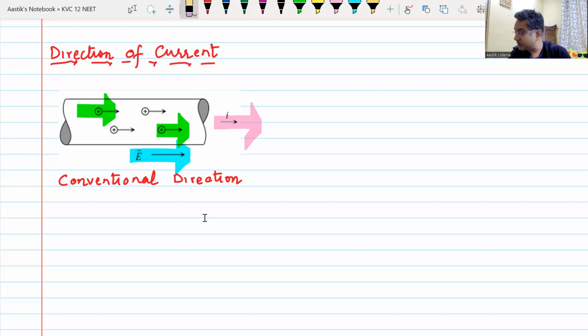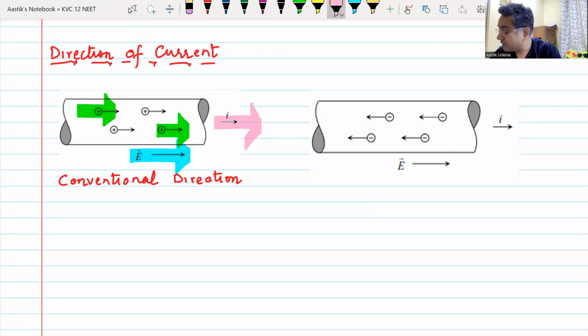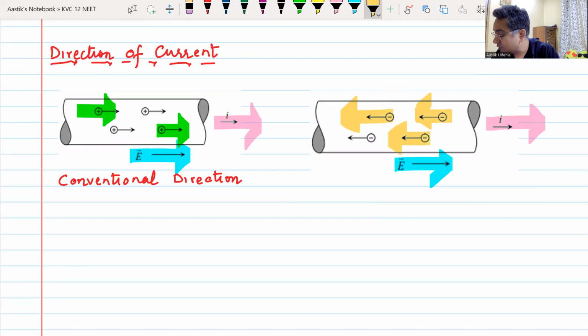The direction of flow of positive charges is always opposite to the direction of flow of negative charges. So you can see here, if the direction of current is like this, the direction of electric field is like this, but you can see here, my dear friend, the electrons are actually moving in the opposite direction, because the direction of flow of electrons is opposite to the conventional direction of current.